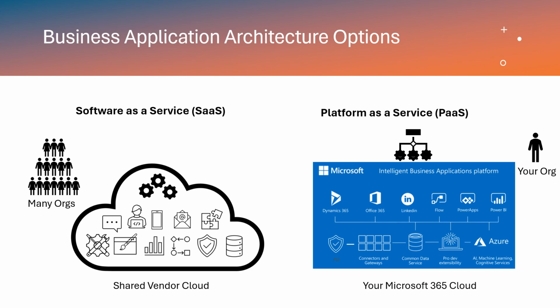Now, when we look at a second option, and that is platform as a service instead of software as a service, what this is actually doing is leveraging a platform to then build and run your applications. And being that you're a Microsoft 365 customer, it makes sense to take a look at the Microsoft 365 cloud.